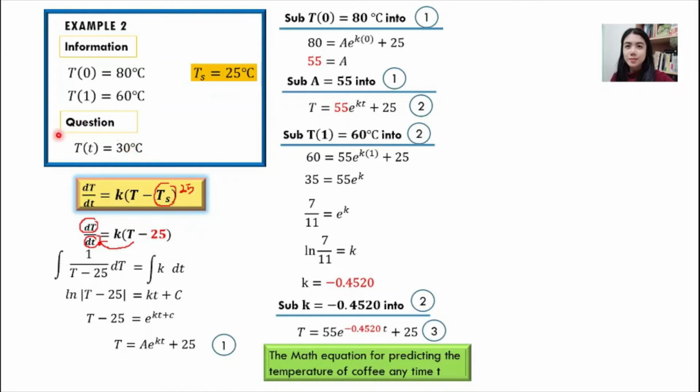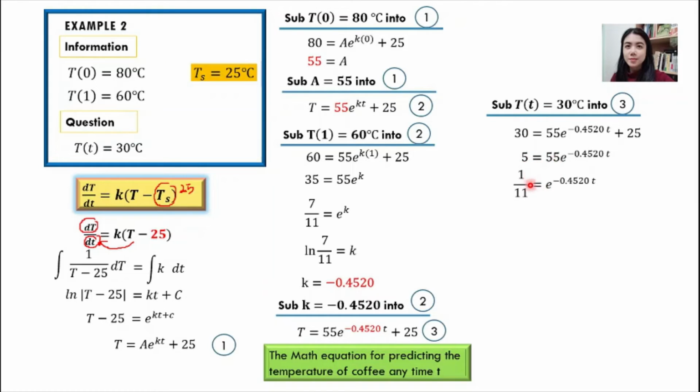So the question asks, when will the temperature of the coffee reach 30 degrees Celsius? So we're going to substitute this into your equation number 3. So you're going to substitute your temperature as 30 degrees into here. So we have the next line. You have 30 minus 25, so that gives you 5. 5 divided by 55 will give you 1/11.